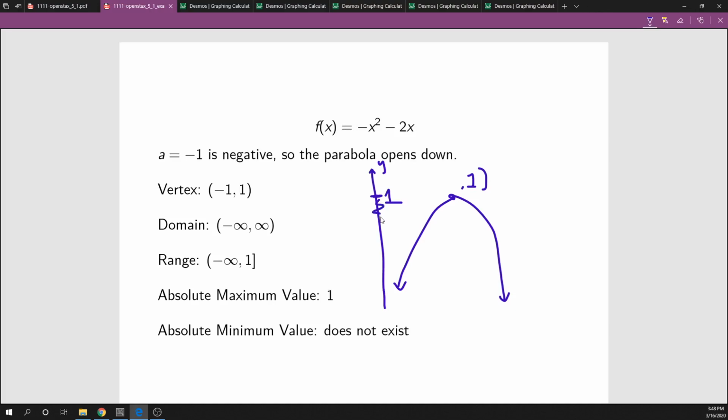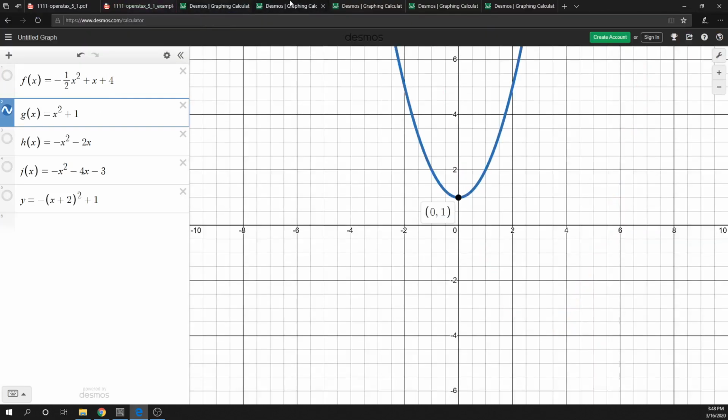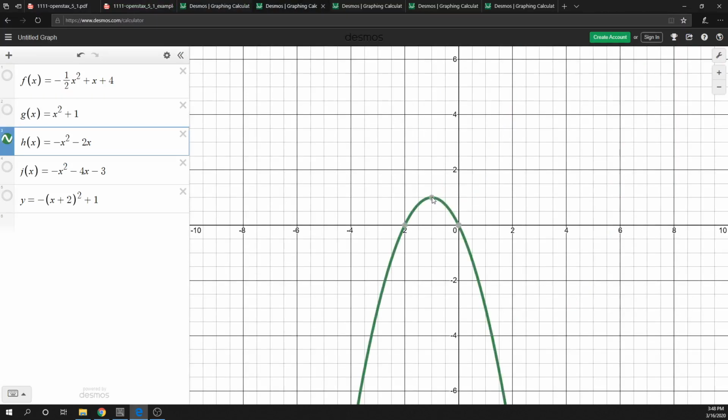And the range would be from negative infinity to 1. All right, let's look at the graph of it on Desmos so we can see an accurate graph. It looks like that. And there you can see the vertex of 1. The range would be from negative infinity up to this 1 right here.